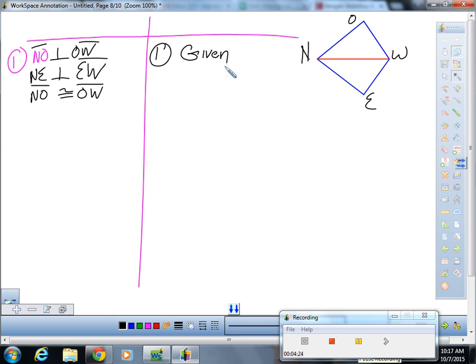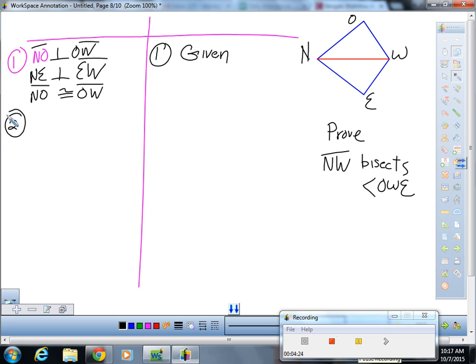Could we now prove that NW bisects angle OWE? Could we prove that? Well, let's see how we would do that.